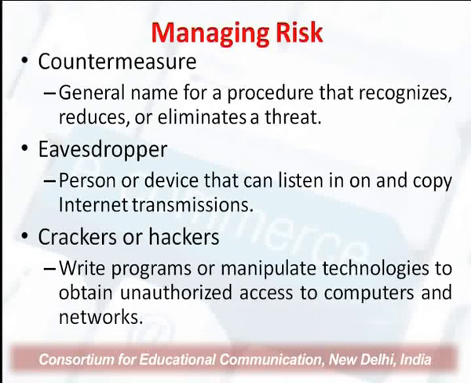The first measure any company uses is called the countermeasure, which recognizes, reduces or eliminates a threat. You need to understand first what the threat is, then see how you can reduce or minimize its impact.